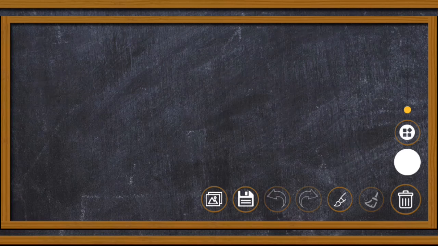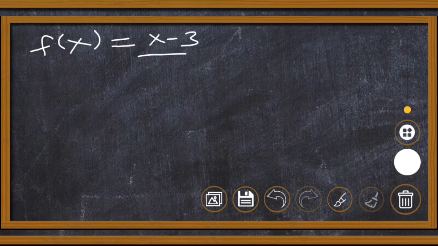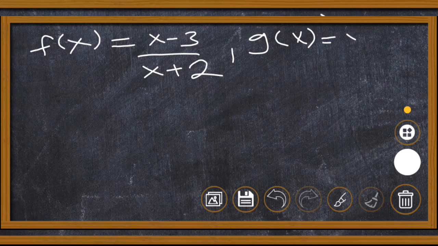Let's say you have been given f of x equals, let's say, x minus 3 over x plus 2, and then g of x, let's say you have this equals x plus 1.